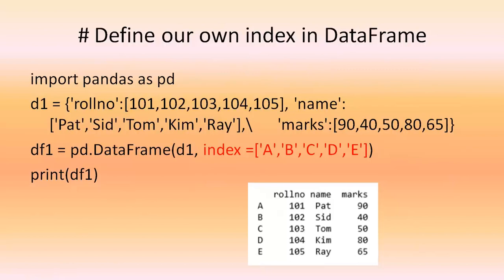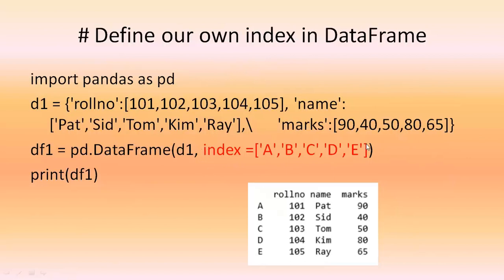Now how to define your own index in data frame. In the previous example we have seen the default index was 0 1 2 3 4. The same example here, but instead of 0 1 2 3 4 you can define the index as A B C. The rest of things are same, only the change is this user-defined index.